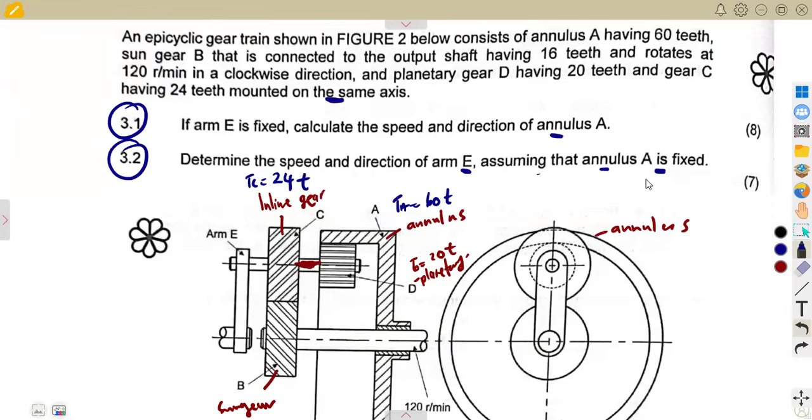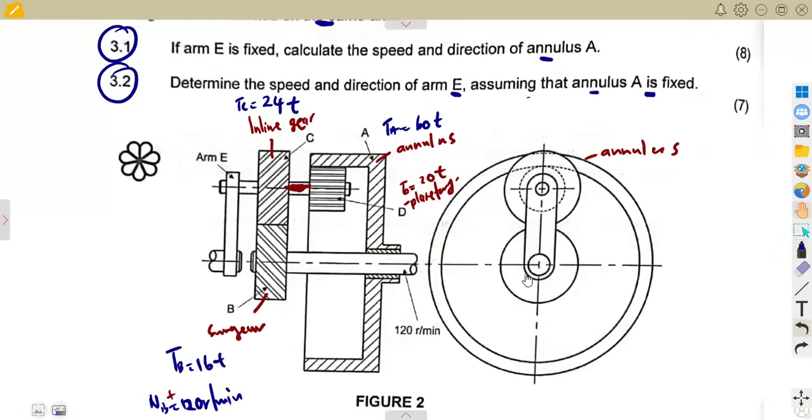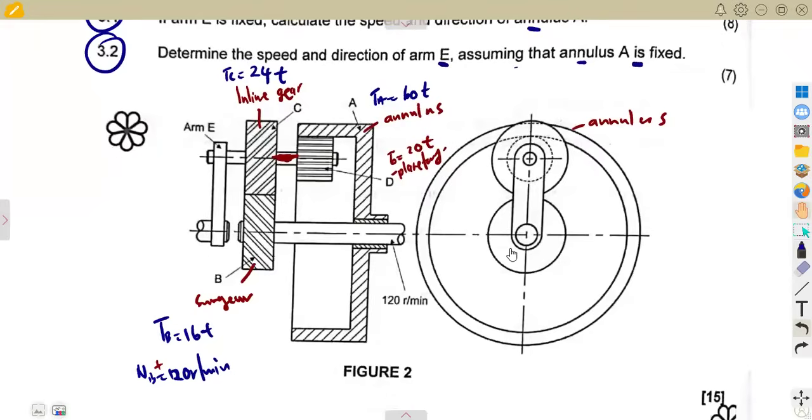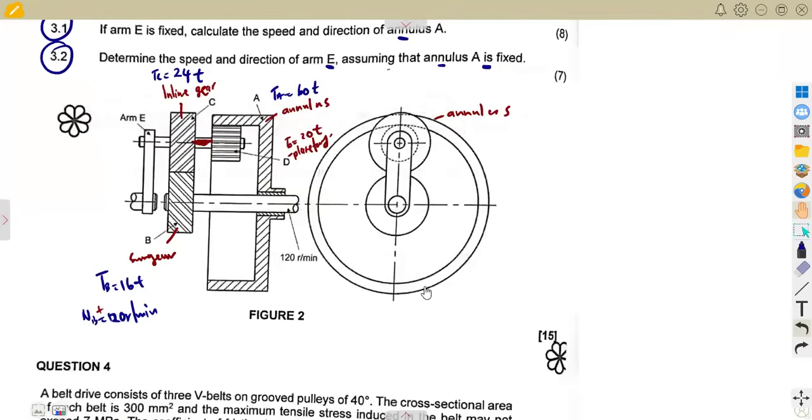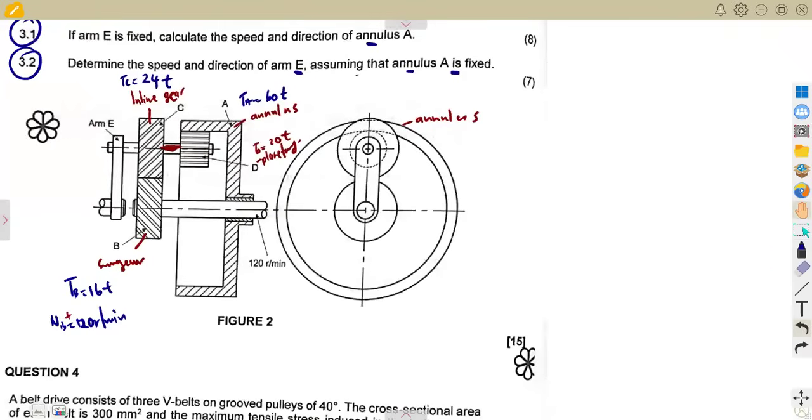All right. So there are two questions, but what you're going to do is to answer this in a single part. Remember, what is happening here is that we are simply considering our driver-driven concept. That part is not going to change. So the annulus, which is A, drives the planetary. Remember, we talked about that.